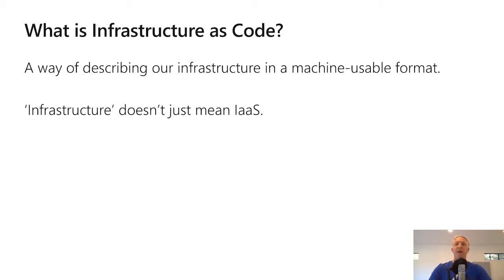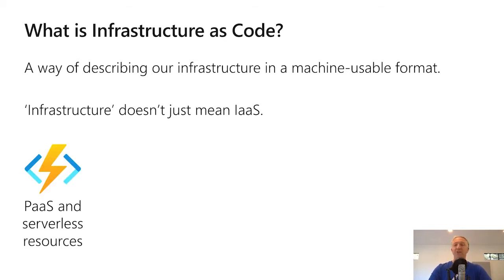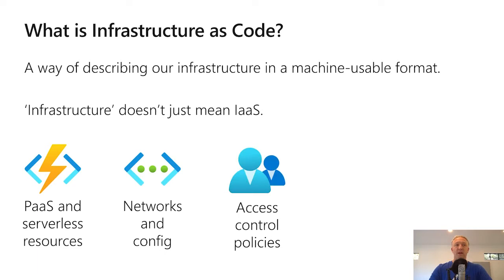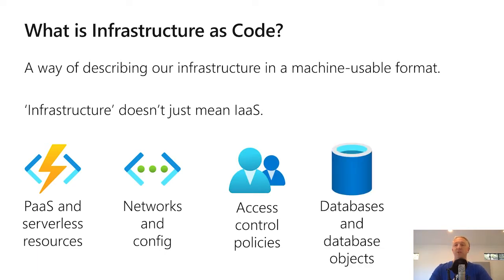We can also automate every other aspect of every other resource inside Azure, such as PaaS and serverless resources, functions, logic apps, networks and config, even access control policies, and even database objects, and every single configuration of every type of resource you could think of in Azure.